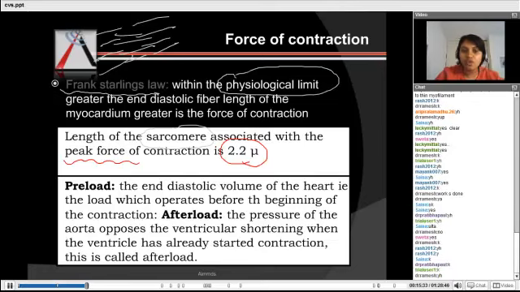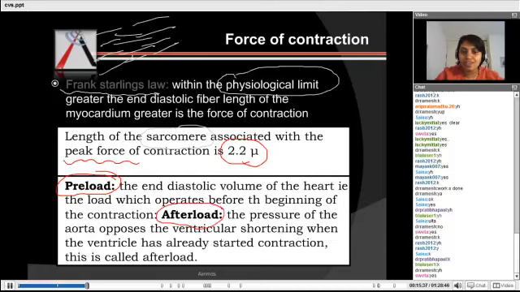Now there are two more terms for you to understand. These two terms are important for MCQs. One is the preload and the second is the afterload. When we say preload, the load that is operating before the contraction is a preload. So before the contraction starts, what is the load on the heart?